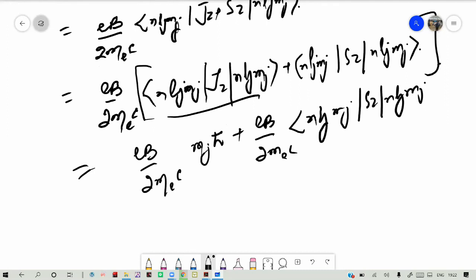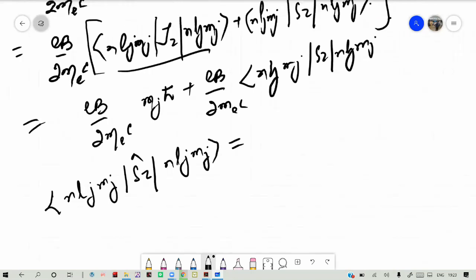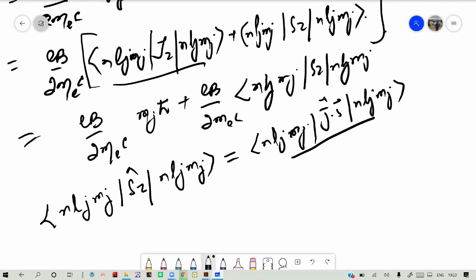And this S_Z, actually this term, because we are in the J eigenstate, this S_Z is given by that term, the Wigner-Eckart term, and that is actually J square.